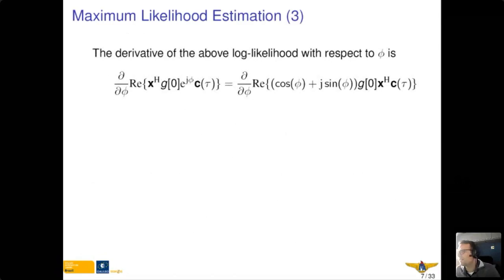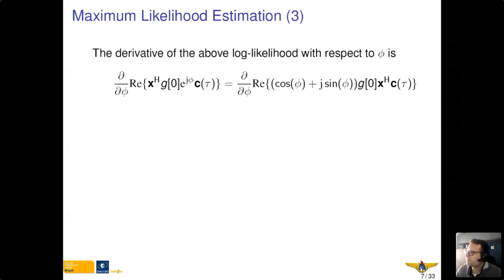First of all, we can take the derivative again with respect to phi. This means that in the global optimum of the log likelihood function, if we take the gradient for each parameter, this gradient should be 0 because we have hit the global optimum. So we can take this derivative and write it like this.